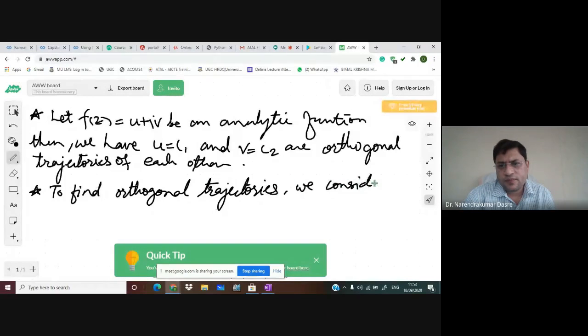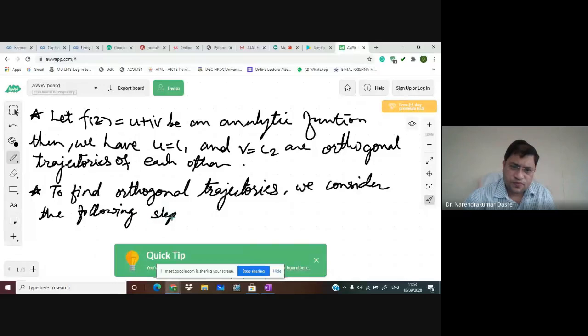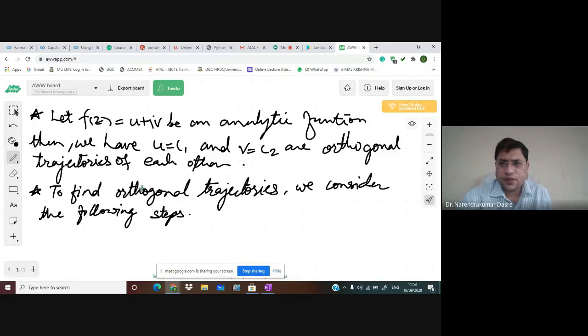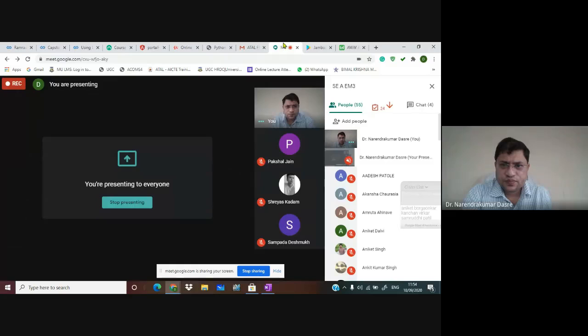To find orthogonal trajectories, we consider the following steps. So what are the steps that we consider? Let us write down those steps. I hope you are writing with me. Are you done with this?